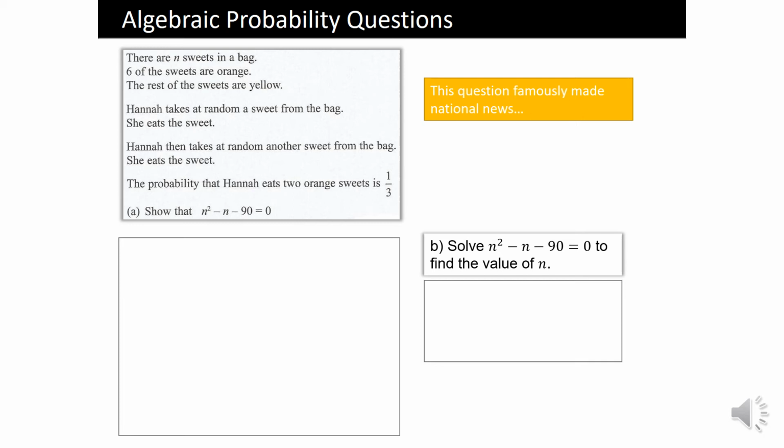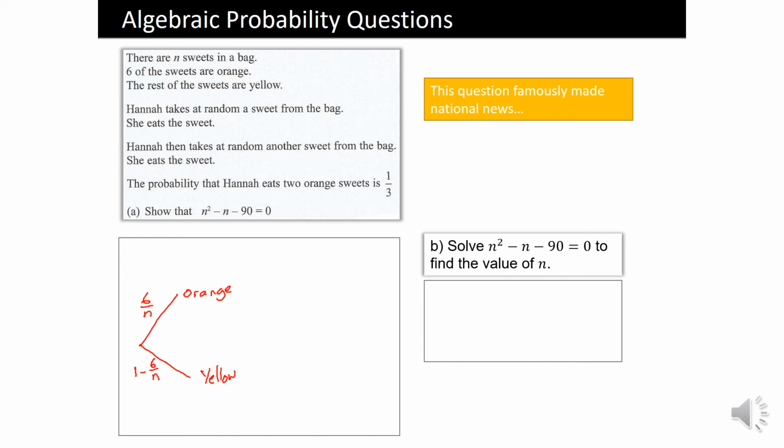So we've got n sweets in the bag and 6 are orange. So there's 6 of them orange, out of n sweets in the bag, so 6 over n. Then we've got yellow. Because there's only 2 options, they've got to add up to 1, so the probability of getting yellow is going to be 1 minus 6 over n.